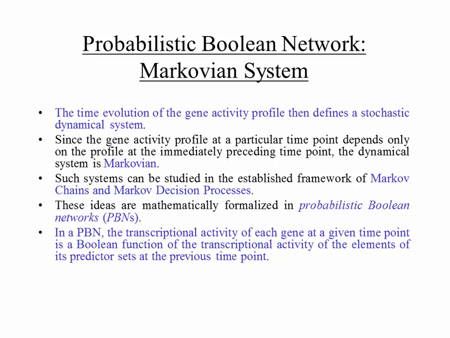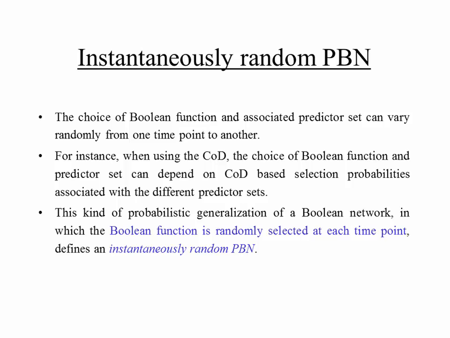So in a probabilistic Boolean network or a PBN, the transcriptional activity of each gene at a given time point is a Boolean function of the transcriptional activity of the elements of its predictor sets at the previous time point. The only difference is that here for one target gene, you could have several sets of predictors with different probabilities. And the choice of the Boolean function and the associated predictor set can vary randomly from one time point to another, in which case the network is changing at every time point.